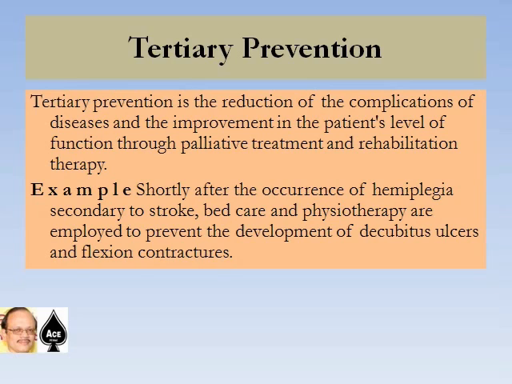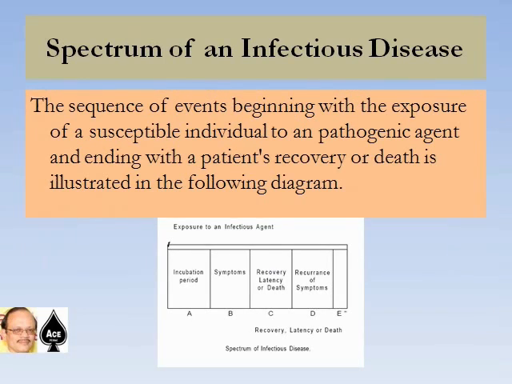For example, shortly after the occurrence of hemiplegia secondary to stroke, bed care and physiotherapy are employed to prevent the development of decubitus ulcer and flexion contracture. Similarly, in rheumatic fever, we give penicillin prophylaxis. So here the patient has developed the disease, but we are preventing further attacks and complications.